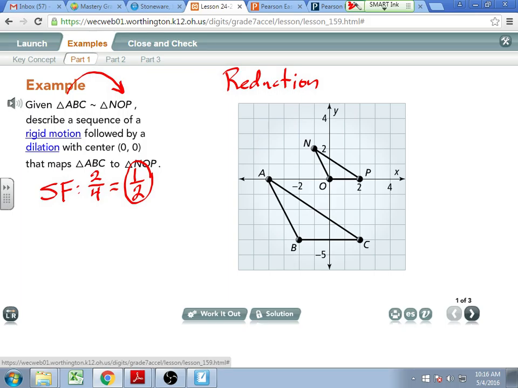So if I have a reduction by 1/2, I need to say from what point? Well, if I reduce it from point B, then it stays in the same location.